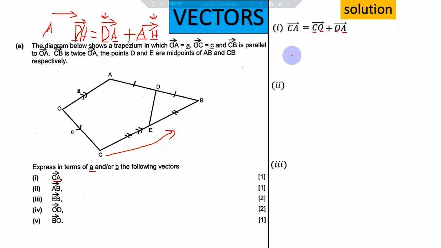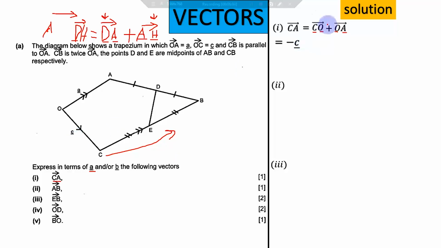Okay, then let us now substitute our values. Vector CO, we are going against the arrow, meaning for the C, we introduce a negative to show that we are going against the arrow. Always remember, when you're going against the arrow, you put a negative.